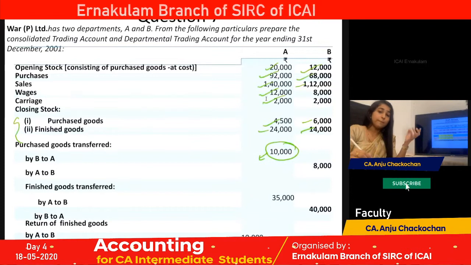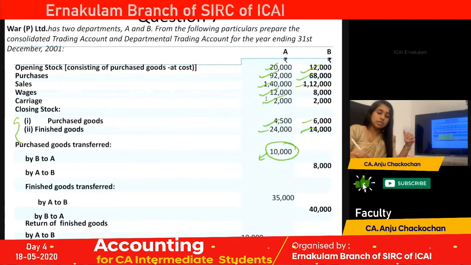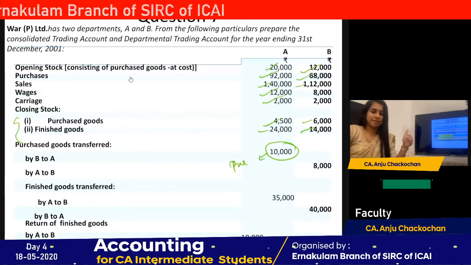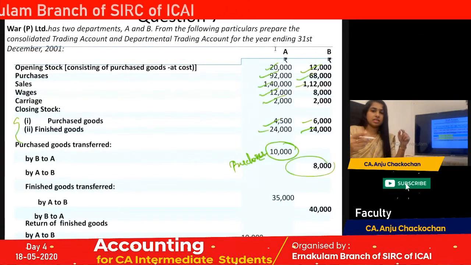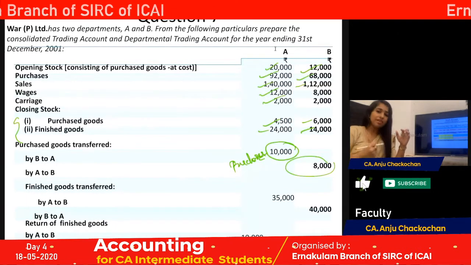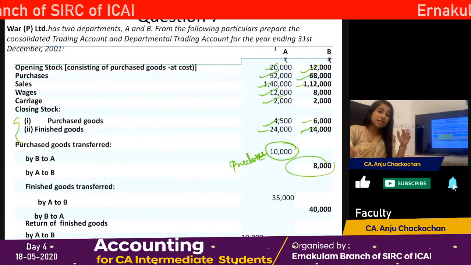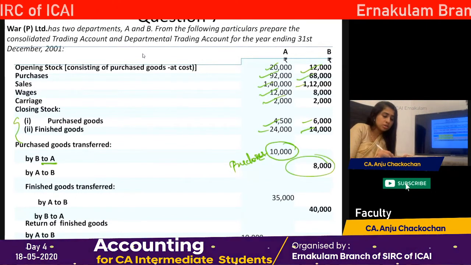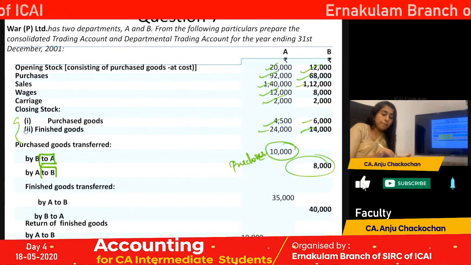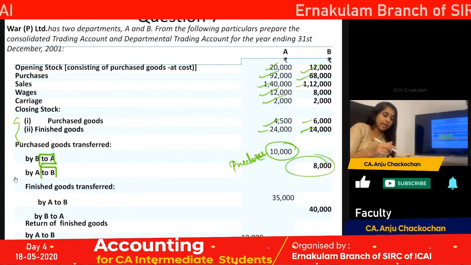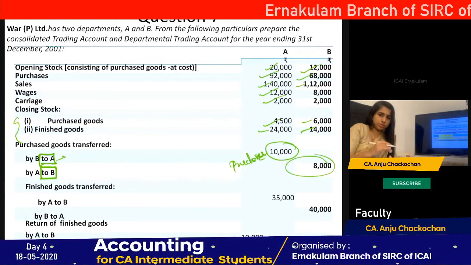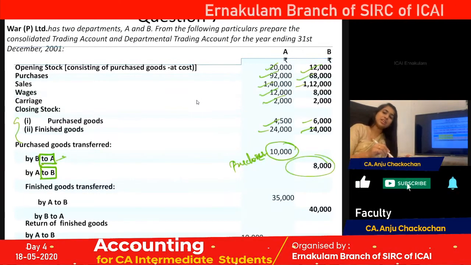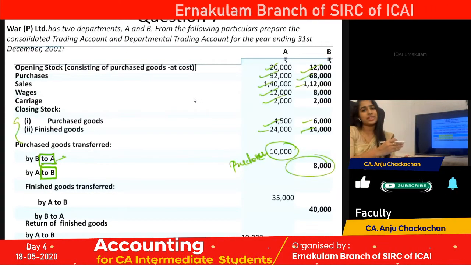So this will be a purchase in A and sale in B. And 8,000 is just the reverse, because B has received 8,000, meaning purchase in B and sale for A. You just have to concentrate on this portion. Purchase goods received by A will be A's purchase, and here it will be B's purchase. If it is A's purchase, obviously it has to be the other person's sale.